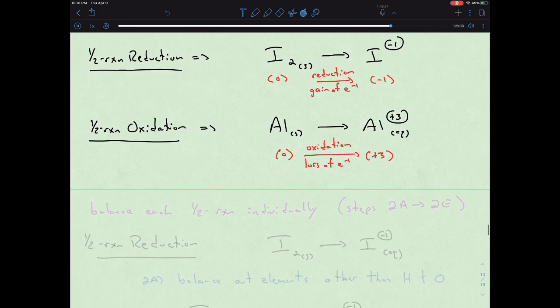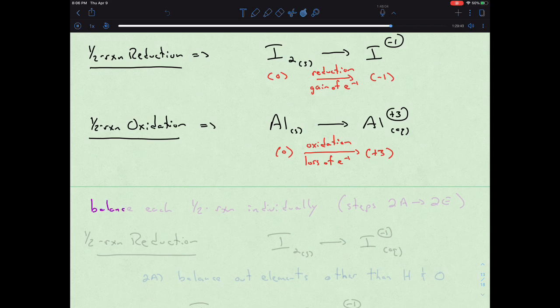So here is where we balance each half reaction individually, right? And that's our idea of steps 2A through to E.